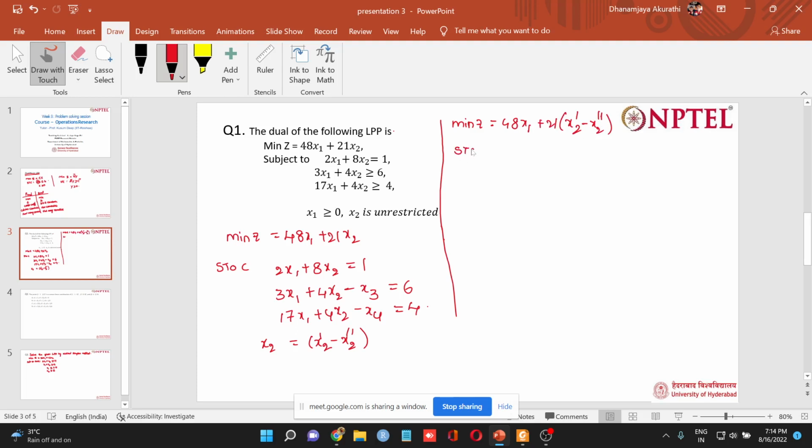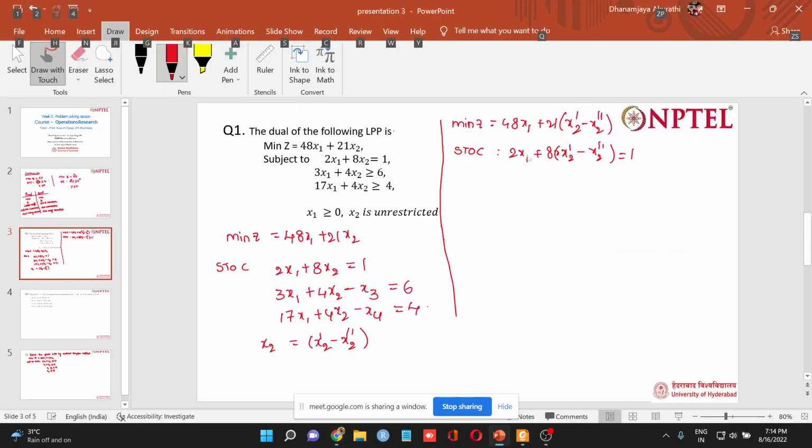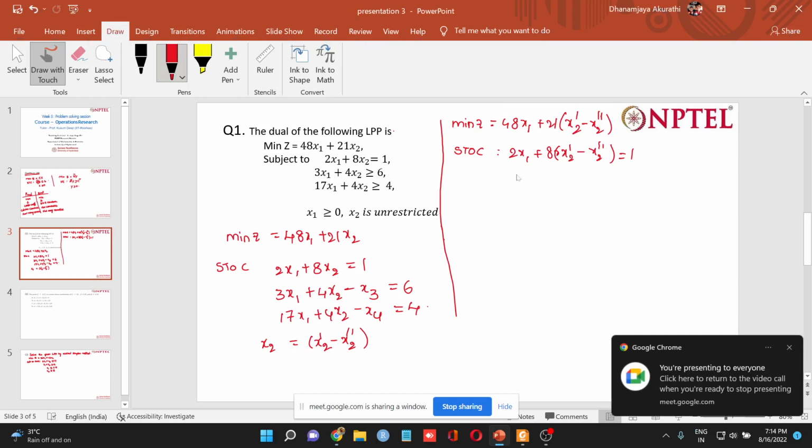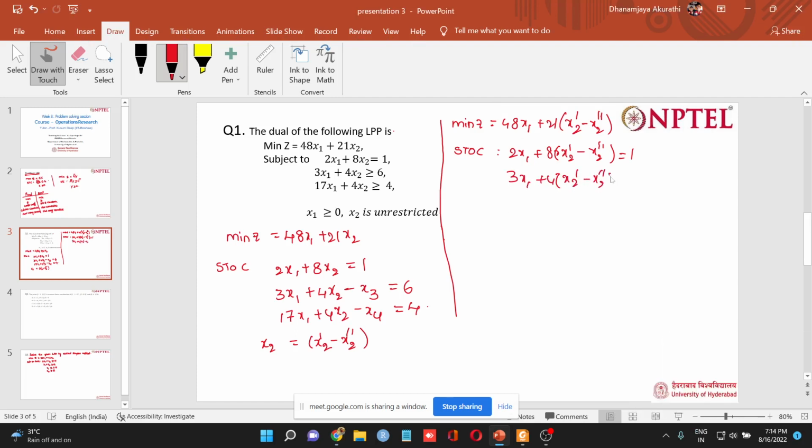And the constraints become 2x1 plus 8 times x2 dash minus x2 double dash, that is equal to 1, and 3x1 plus 4 times x2 dash minus x2 double dash.